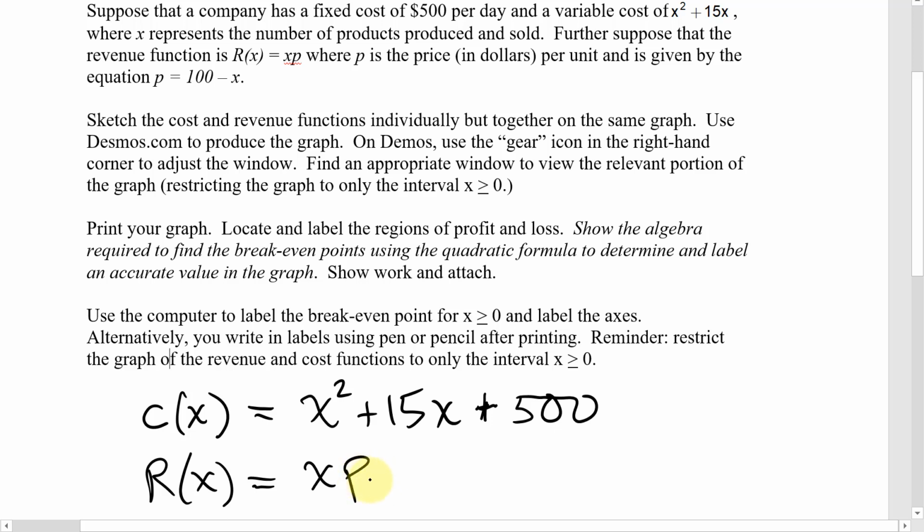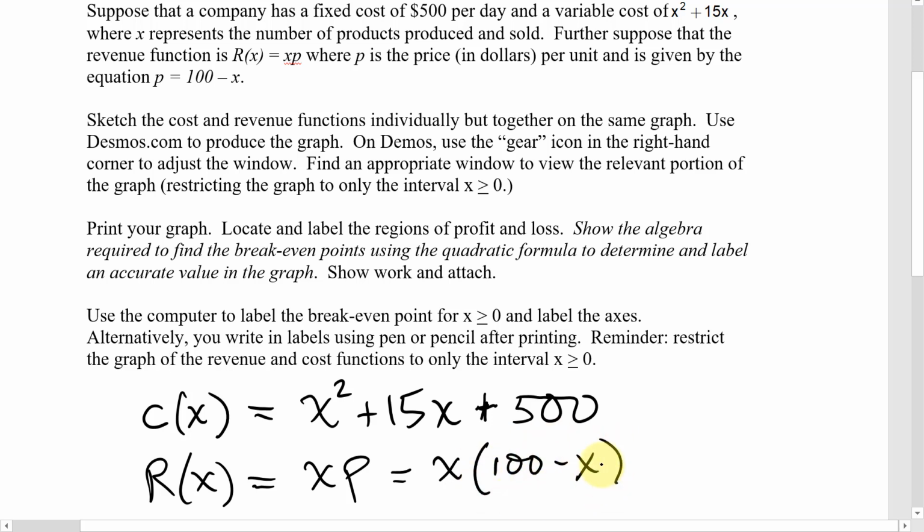Well, in this case, the price depends on the sales level, and the price is 100 minus x. So if you sold 50 units, they're actually selling at a rate of $50 per unit. If you were selling 10 units, they'd be selling at $90 a unit at that level.